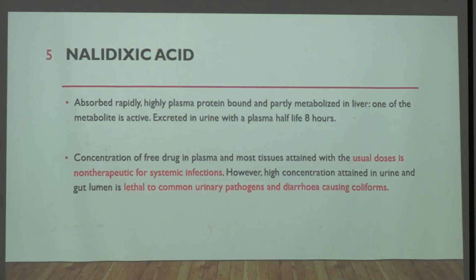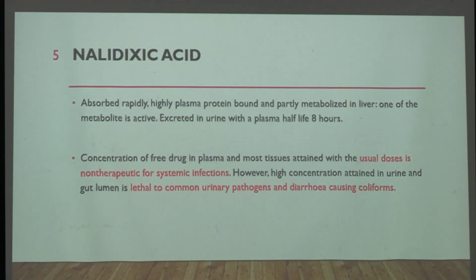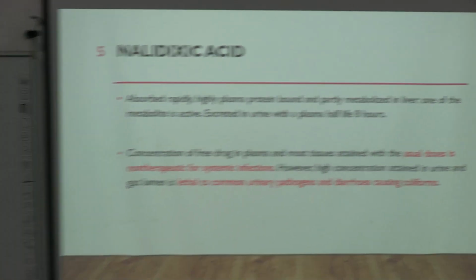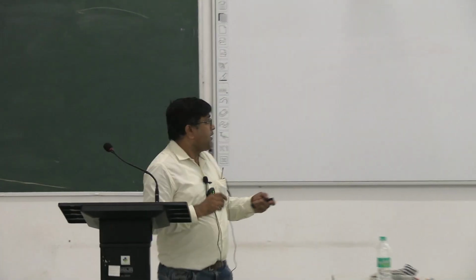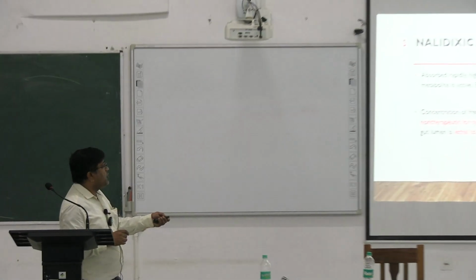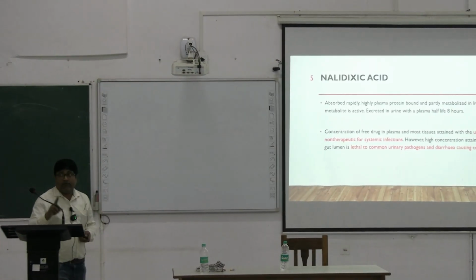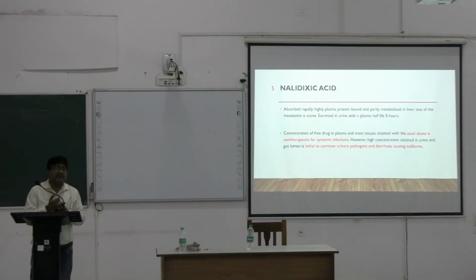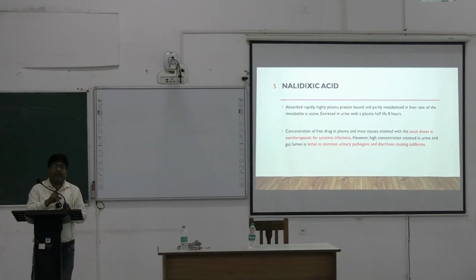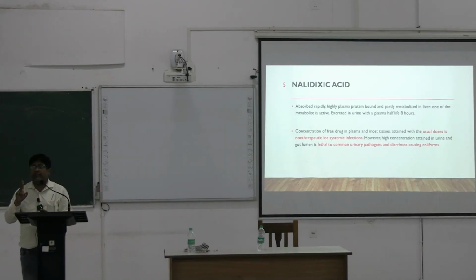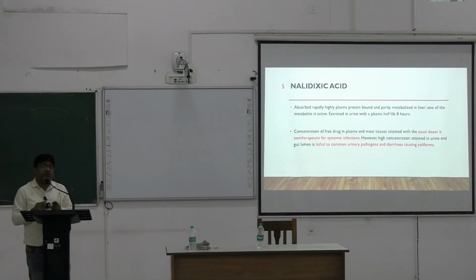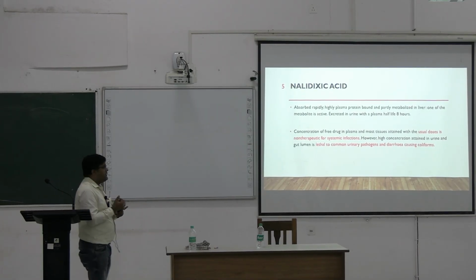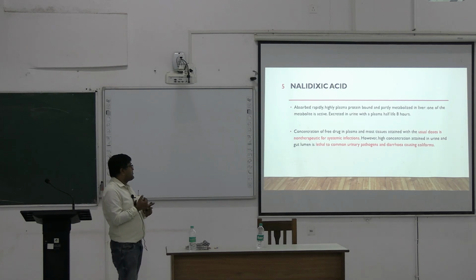The concentration of free Nalidixic acid in plasma and other tissue is non-therapeutic, and the usual dose is non-therapeutic for systemic infection. However, higher concentration is achieved in urine and the gastrointestinal tract. That is why the use of Nalidixic acid is restricted to urinary tract infection and gastrointestinal tract infection.